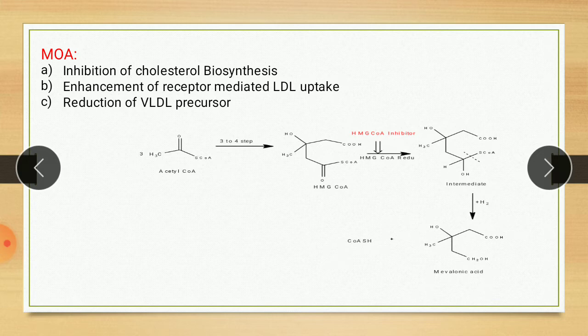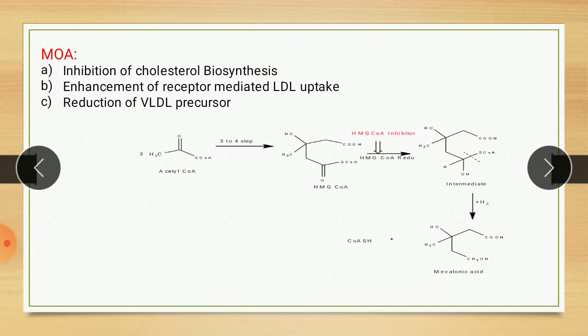Normally the mechanism related to HMG-CoA reductase inhibitors is, first, inhibition of cholesterol biosynthesis, and second, enhancement of receptor mediated LDL uptake and reducing VLDL precursor. The inhibition of HMG-CoA reductase causes a decrease in hepatic cholesterol, which activates a compensatory mechanism, that is enhancement of HMG-CoA reductase and LDL receptor.